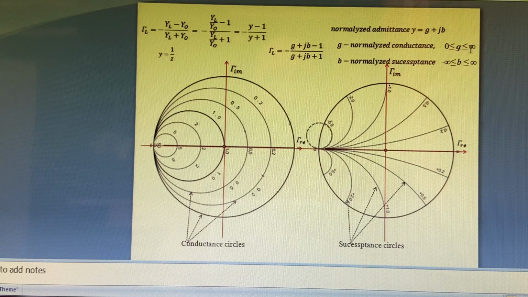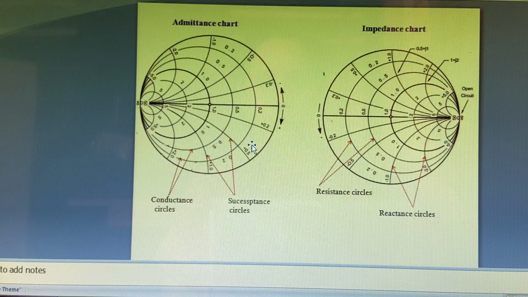So for every value of G, we can have a circle, as G is related to the imaginary and real parts of the reflection coefficient through a circle. But it is not possible to show all the circles on a Smith chart. Only selected values are usually displayed.